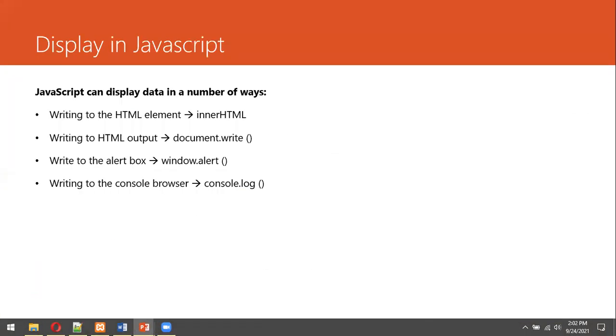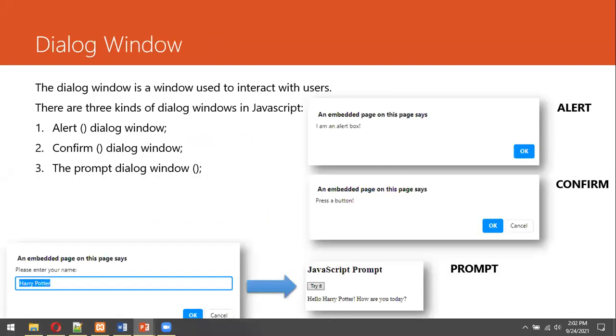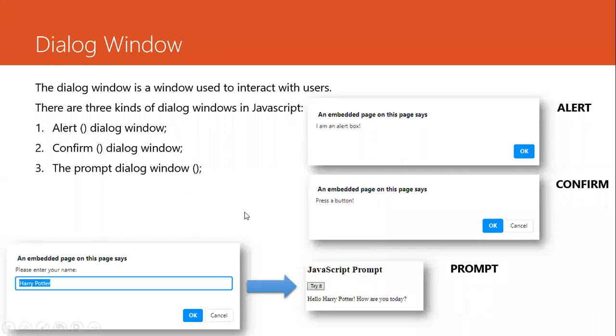Okay, so actually for the third, it's the dialog window. We have three methods or three ways to make a dialog window. A dialog window is something like a pop-up that shows when you are opening a web page. There is alert, the second is confirm, and the third is prompt. So this is the alert.